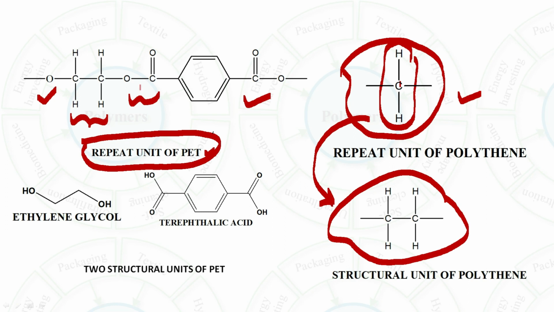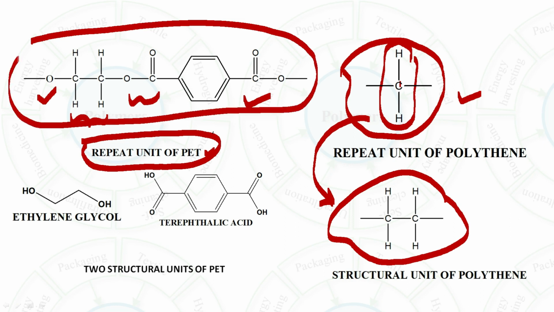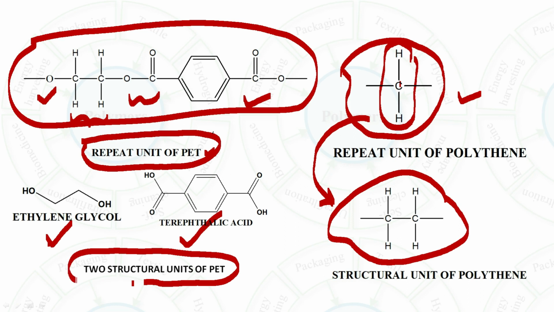Similarly, you can see here this is the repeat unit of polyethylene terephthalate. How can we make this repeating unit? This repeating unit is basically made by the reaction between ethylene glycol and terephthalic acid, right? So here are two structural units of PET, that means structural units are the monomers present in the polymer.